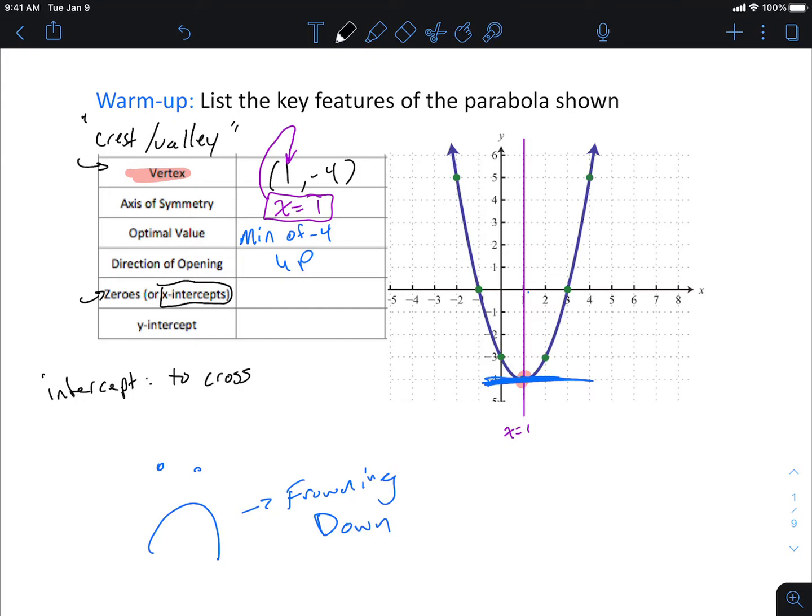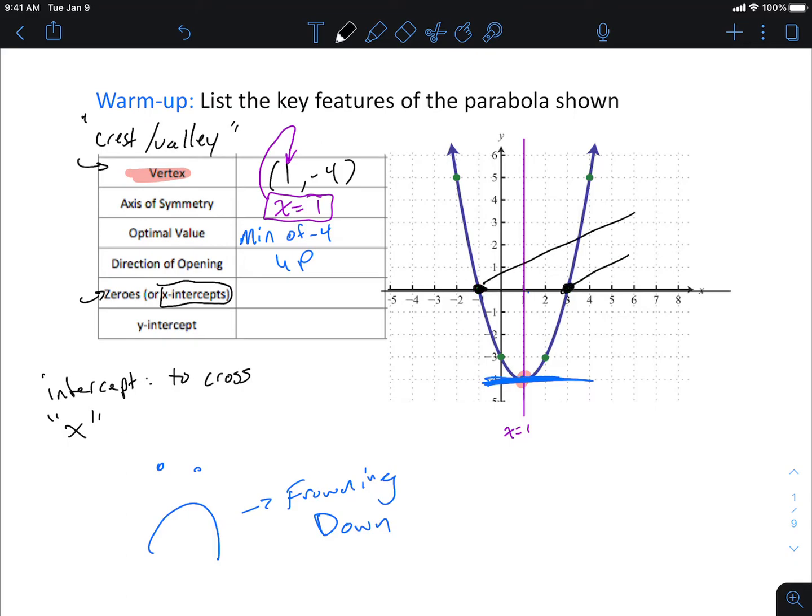Okay? So it's crossing where it's crossing the x-axis, right? Well, x-axis runs horizontally, right? And so where does it cross that black line, or the x-axis? It crosses right here and right here.